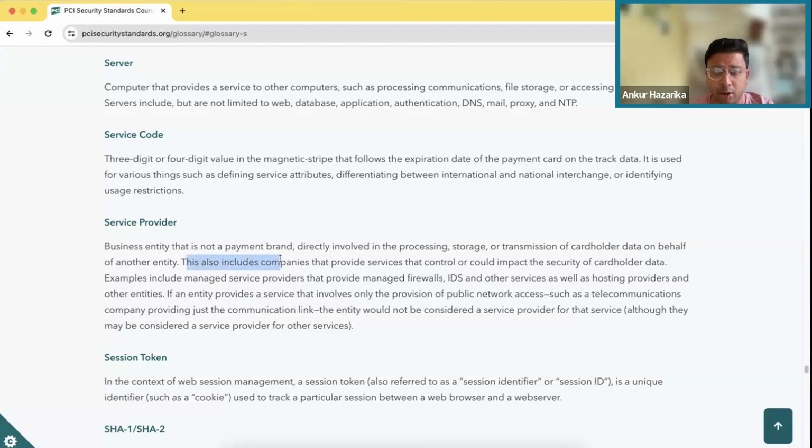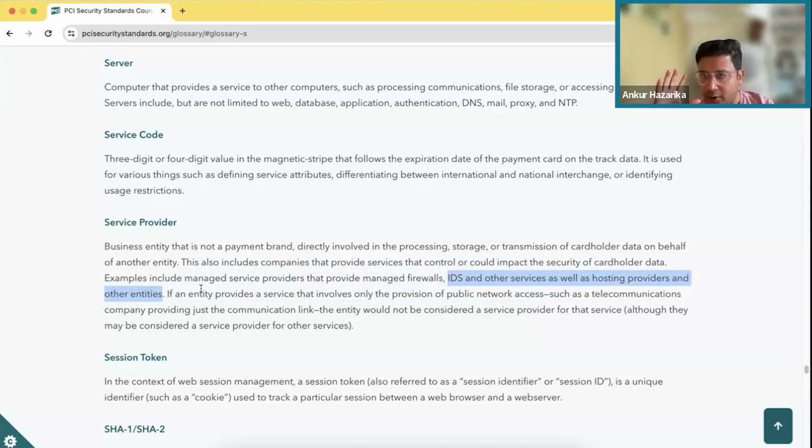This could also include companies that provide services that control or could impact the security of cardholder data. Examples include managed service providers that provide managed firewalls, intrusion detection systems, and other services such as hosting providers and other entities. So let's say I'm a cybersecurity company and I manage the firewalls in your company.